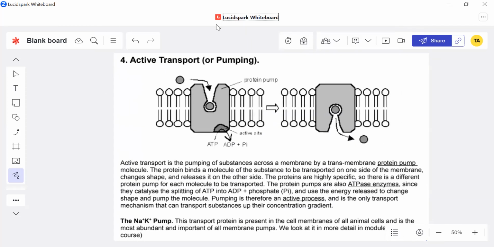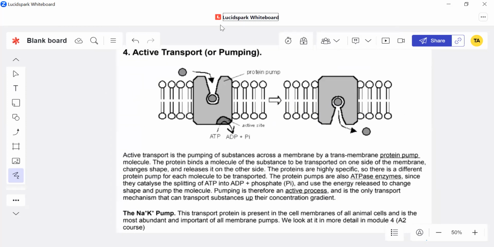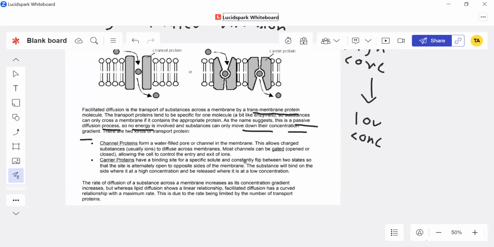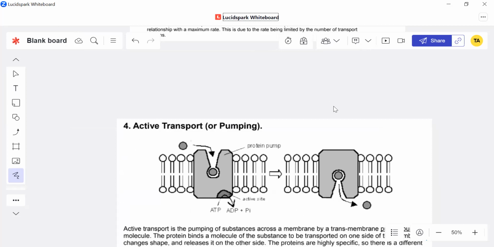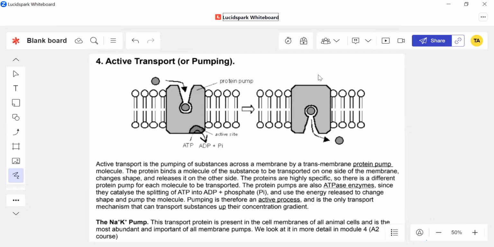And active transport is only through the carrier protein. So carrier proteins undergo active transport. Active transport is the pumping of substances across a membrane by a transmembrane protein pump.